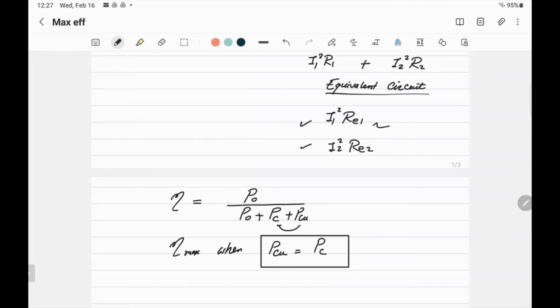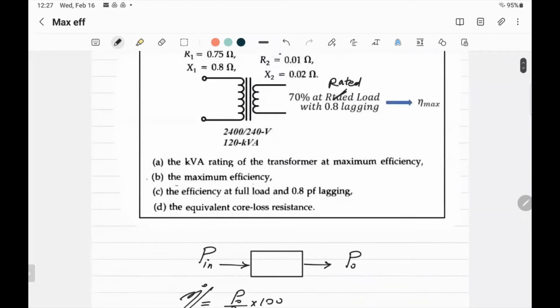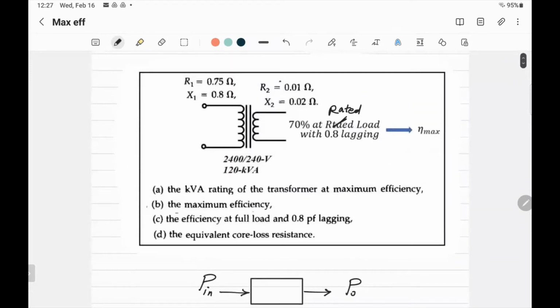Now let's go to the problem here. The transformer parameters given are R1, R2, X1, X2, not referred to any side, just each on its own side. And that's the rating value, 120 kilovolt-amp, 2400 to 240 volts. So that's the high voltage side, that's the low voltage side.